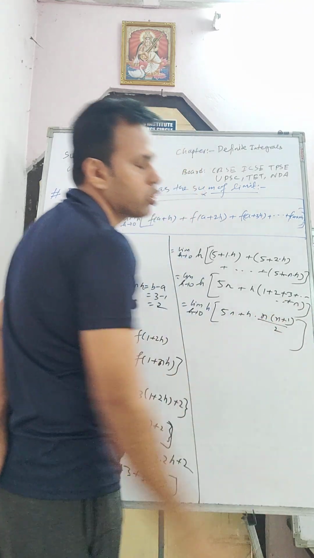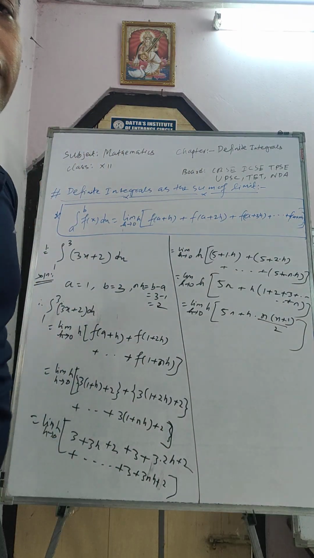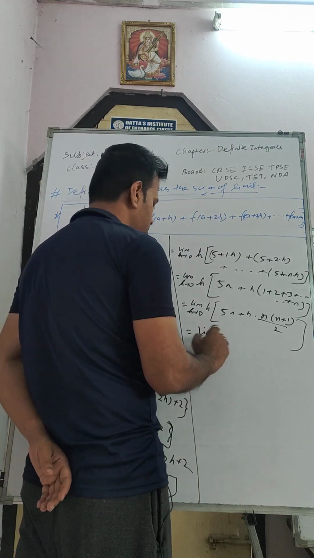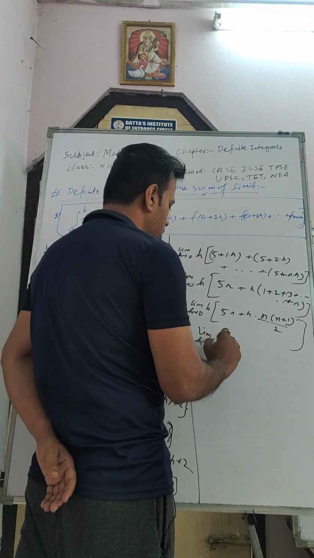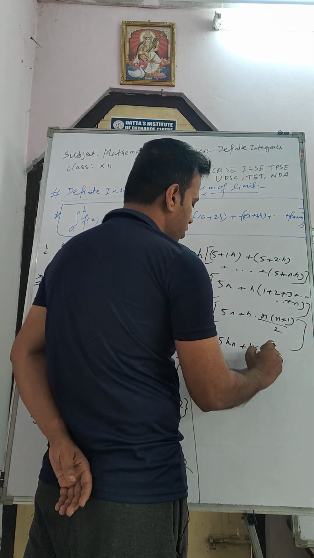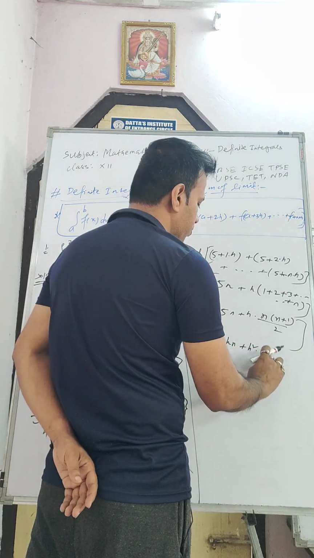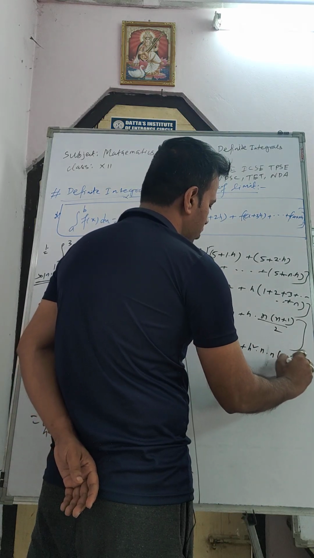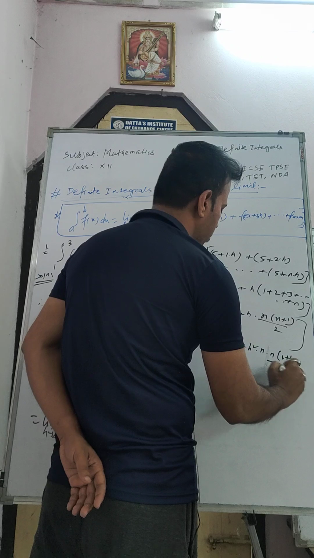The formula of 1 plus 2 plus 3 and so on is n into (n plus 1) by 2. So now multiplying, it becomes 5nh plus h square into n into (1 plus 1 by n) by 2.